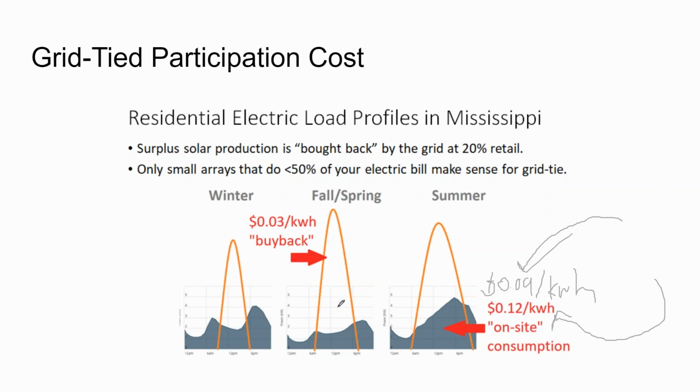But actually in Mississippi, the buyback rate on our cooperatives is a little bit less than 3 cents a kilowatt hour. And the problem with solar, especially solar where you want to knock out 100% of your electric bill, and hey, most solar customers want to knock out 100% of their electric bill, is that larger projects are a lot cheaper per unit pricing than smaller projects.